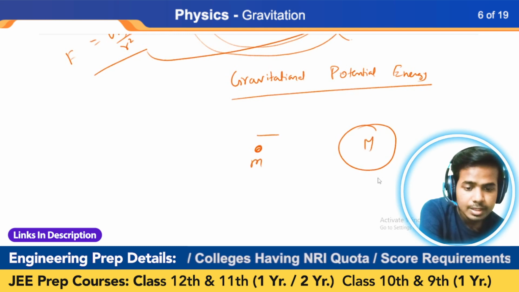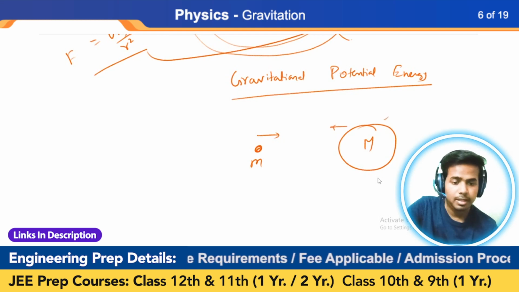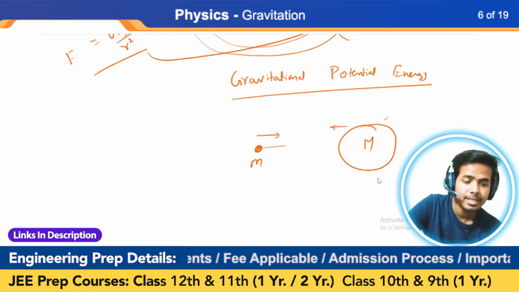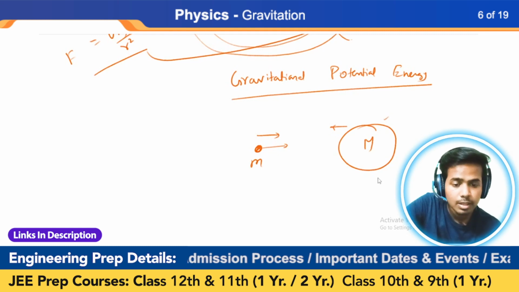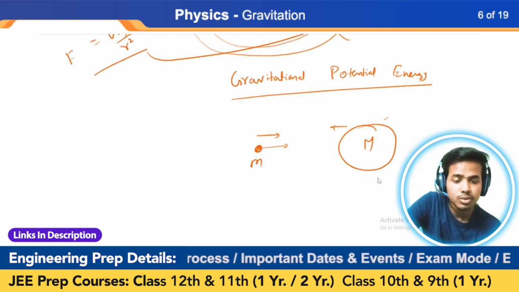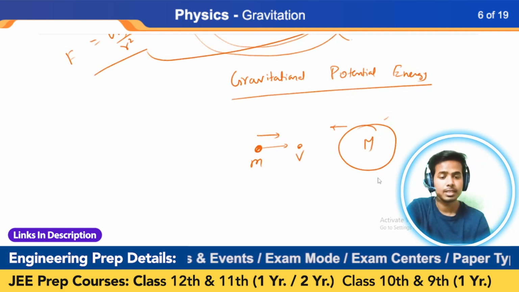When I leave it, do they get attracted towards each other? Let's say this is very massive. Then this object gets attracted towards this one, and if I leave it free, it starts to accelerate, and after some point, let's say it has gained some velocity.